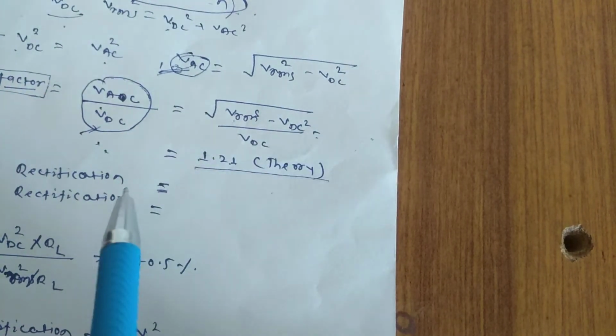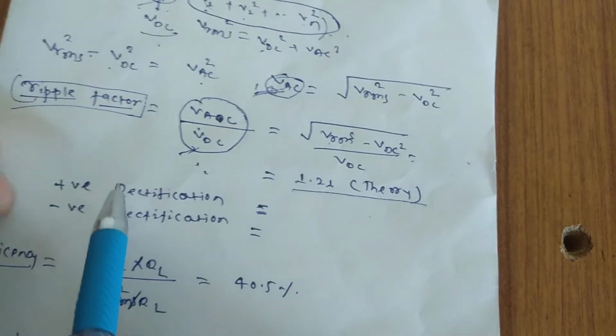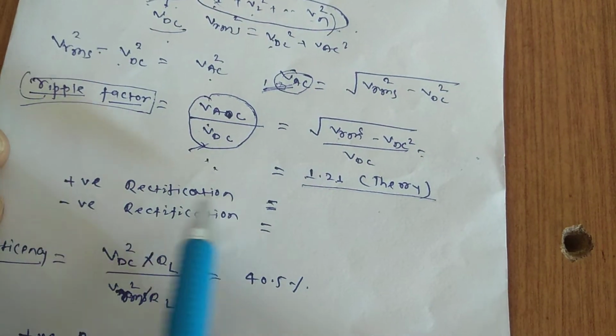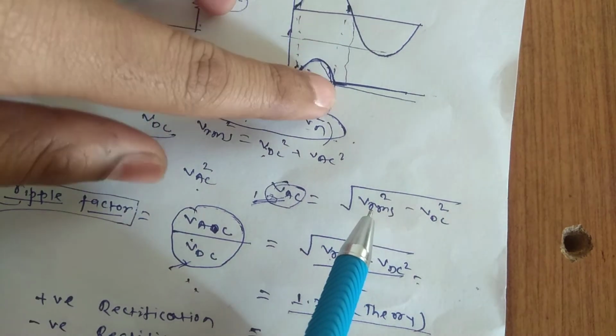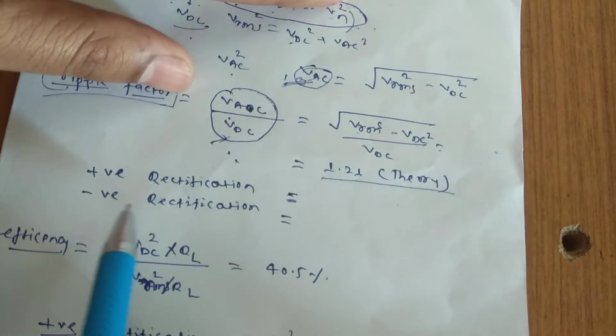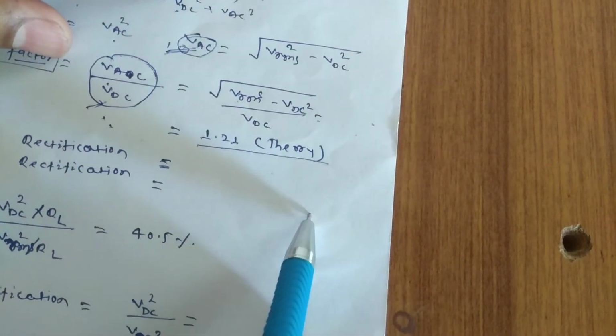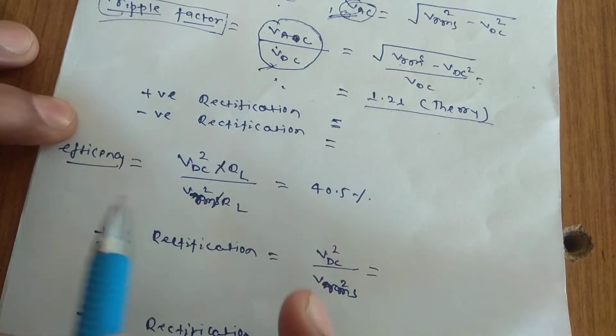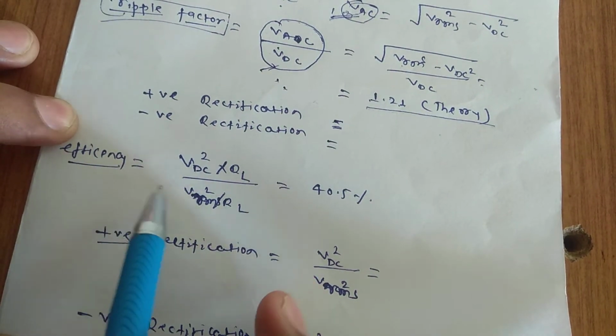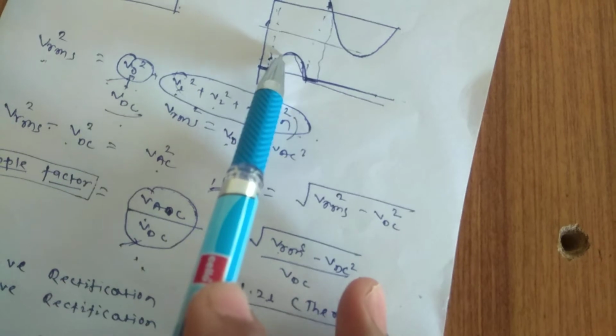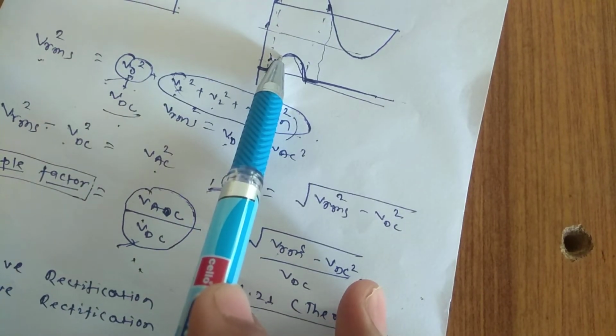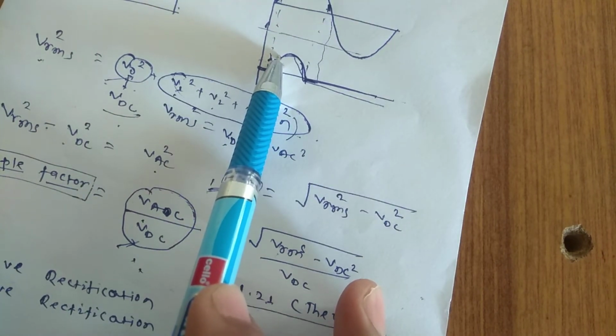Theoretically you are going to see 1.21, and we are going to calculate it for positive rectification, when the output is on the positive side, and for negative rectification also. Now the efficiency: actually we wanted DC, and because of VDC the power would be VDC square by RL.